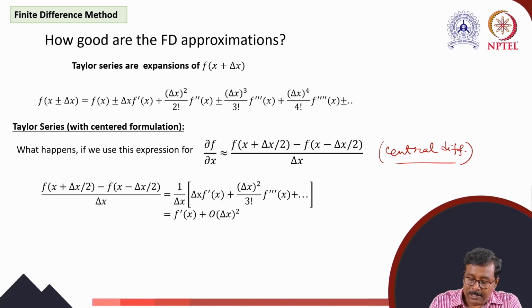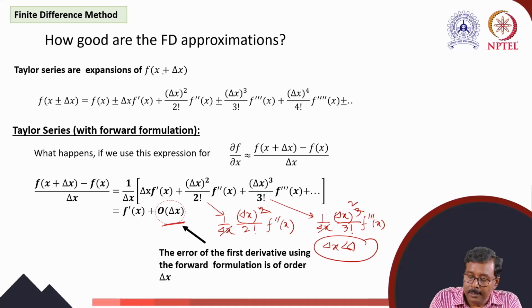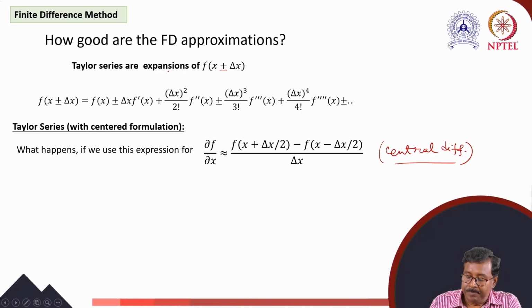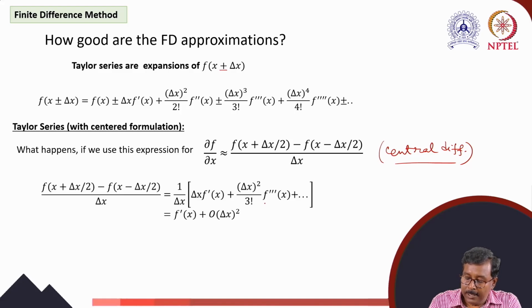So how much error, what is the order of error here? Again, let us start from the expression of the Taylor series expansion, which is actually plus minus delta x. So this is the central difference technique, and you see from the expression f of x plus delta x by 2 minus f of x minus delta x by 2 by delta x, how can you get this?